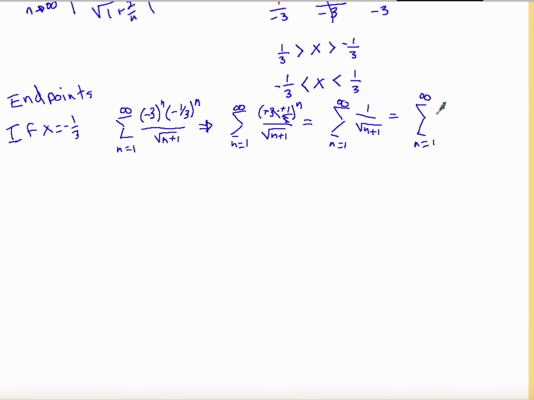I have 1 divided by, remember the square root of n plus 1 is the same as n plus 1 to the 1/2 power. And this is actually going to diverge because we know that if our exponent is less than 1, that we are going to diverge.